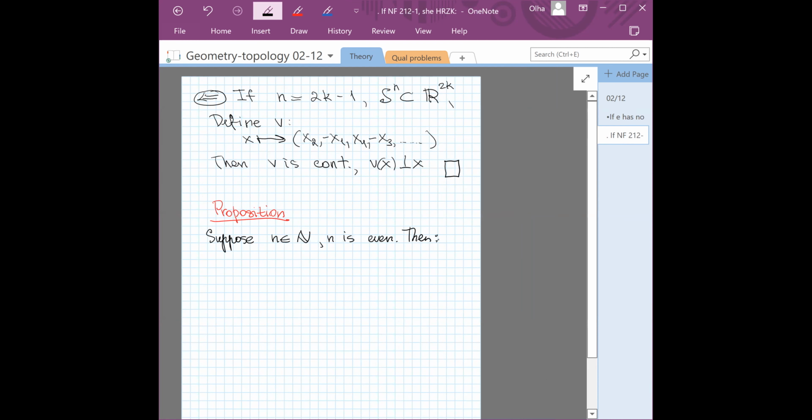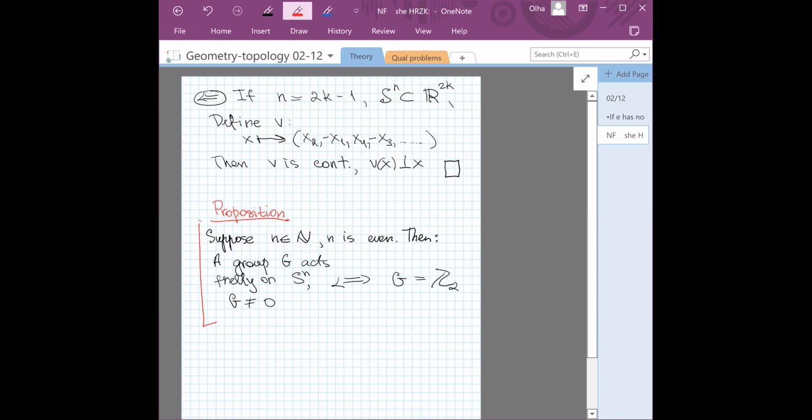In that case, the only group G that acts freely on Sn, which is not trivial, is G equals Z2. So the only non-trivial group that acts freely on Sn is Z2.